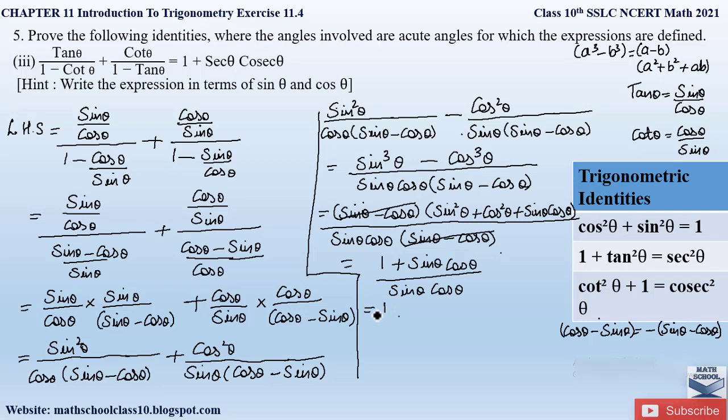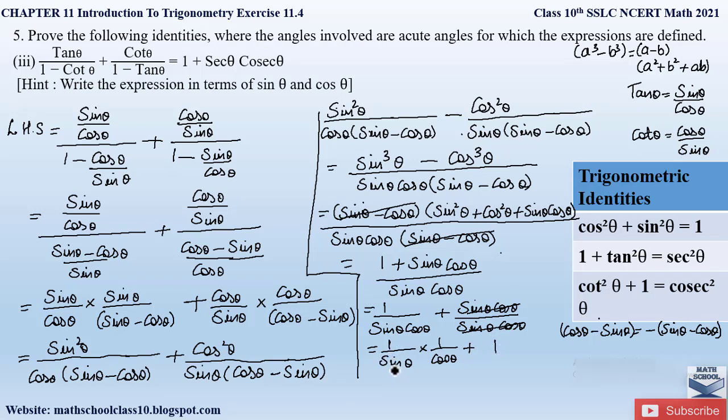So we can write 1 by sine theta into cos theta plus sine theta into cos theta divided by sine theta into cos theta. So here sine theta and cos theta will get cancelled, and we will be left with 1 by sine theta into, we can separate again here the numerator and the denominator by writing like this, 1 by cos theta, plus this will cancel out to be 1.